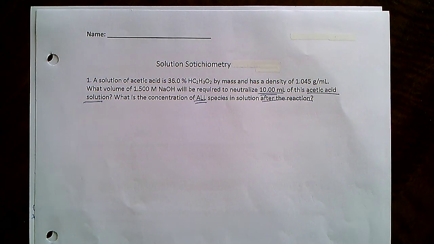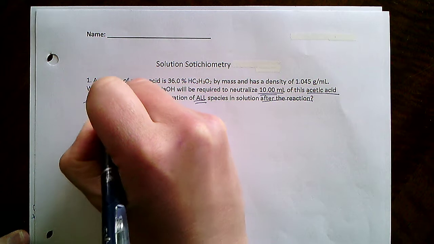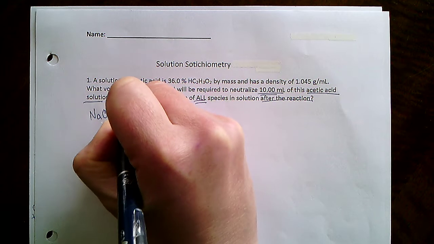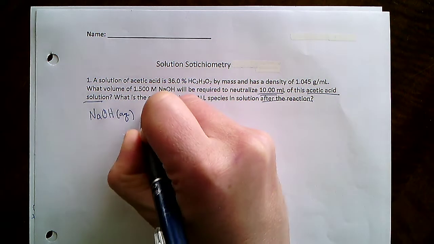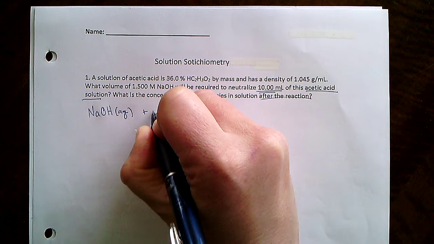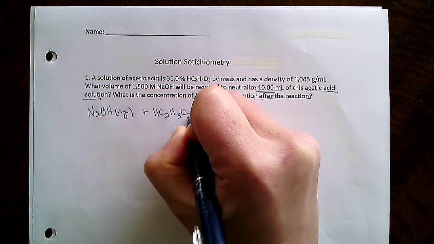Okay, I would suggest always starting by writing out the balanced molecular equation and getting a sense for the mole ratios. So we've got sodium hydroxide, NaOH, aqueous, reacting with the acid, acetic acid, HC2H3O2 aqueous.